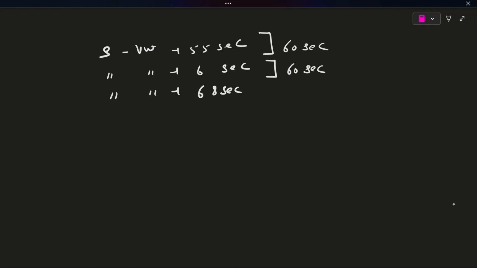But when you ran it for 68 seconds and stopped, you will be charged the minimum 60 seconds, and after that per-second billing starts, meaning 8 more seconds. Once you complete your initial 60 seconds, per-second billing is applicable.